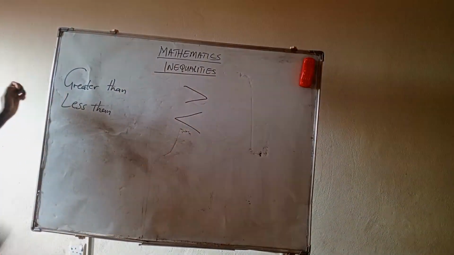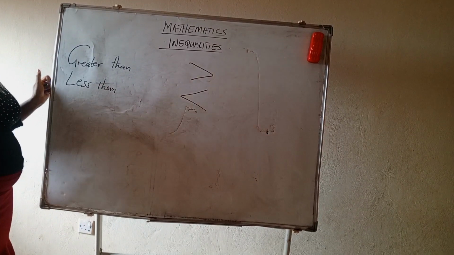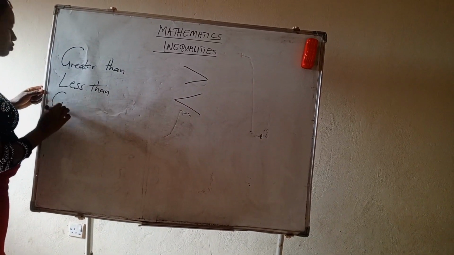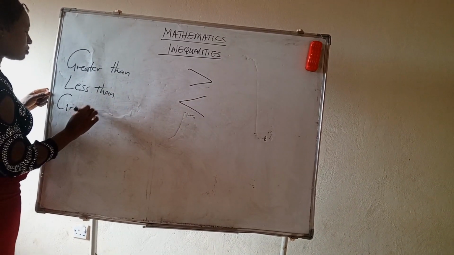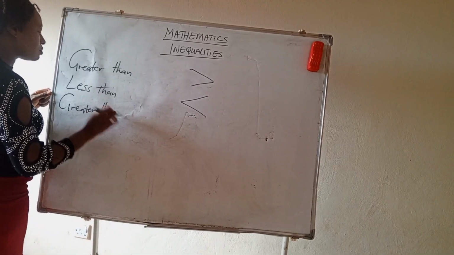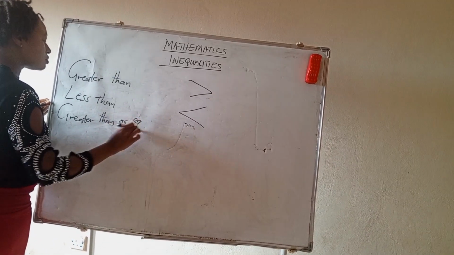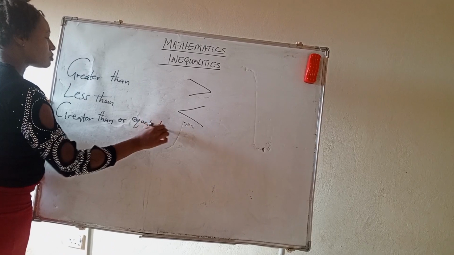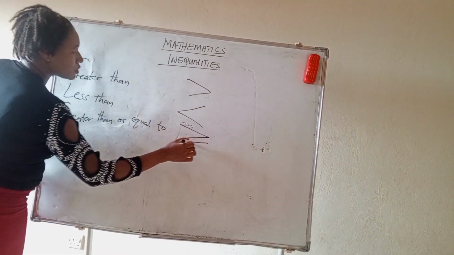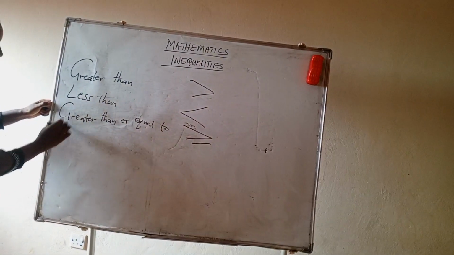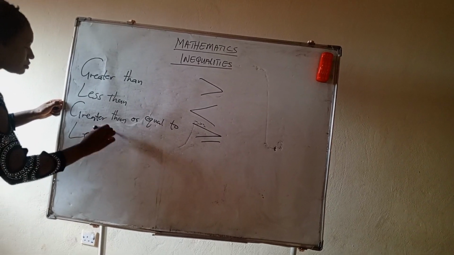The third one is greater than or equal to. Then the fourth one is less than or equal to.